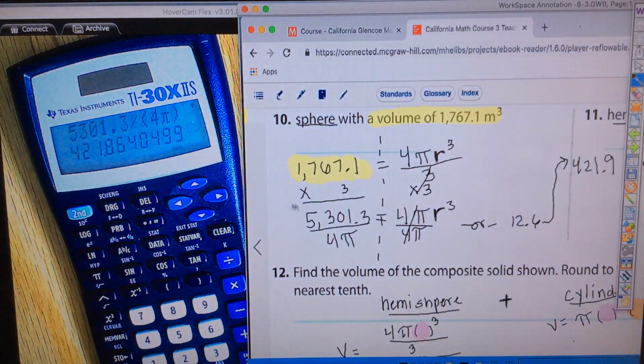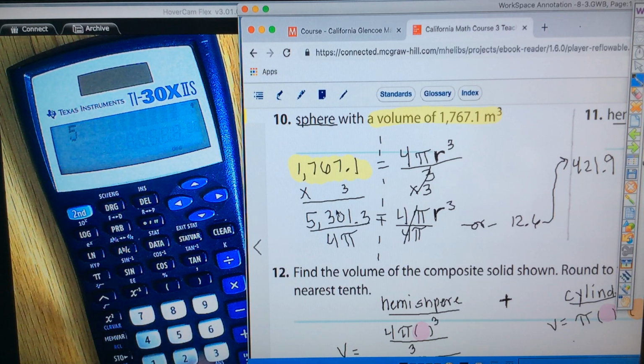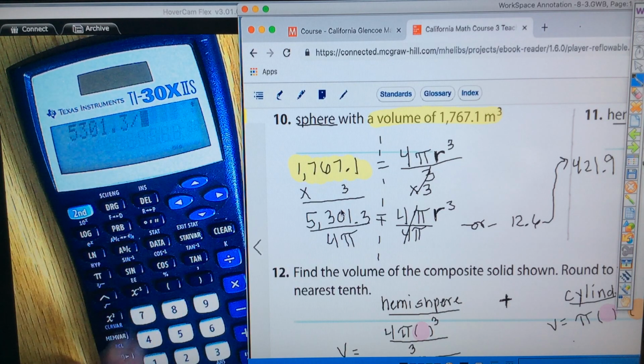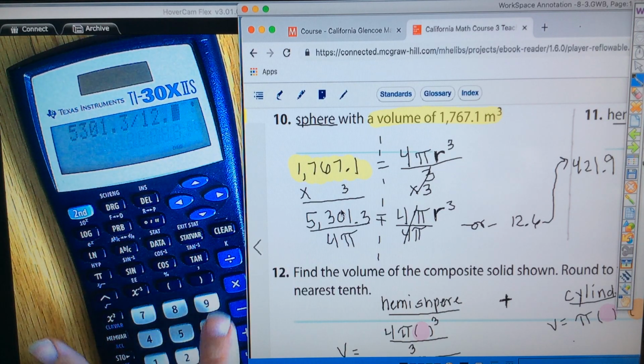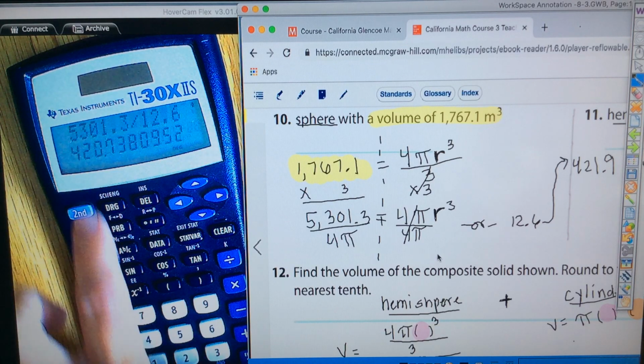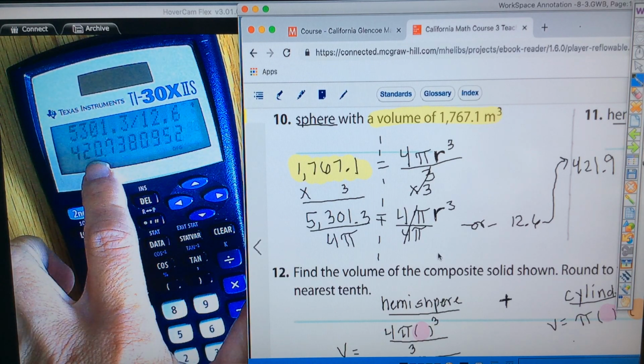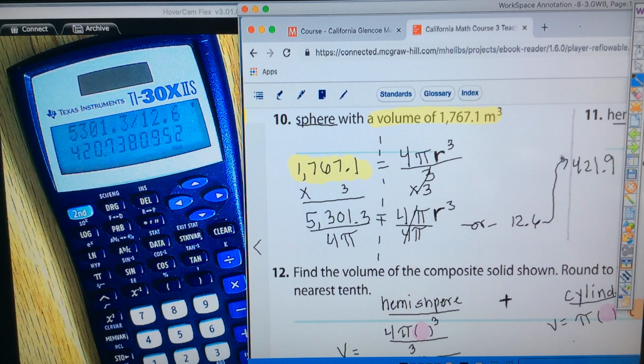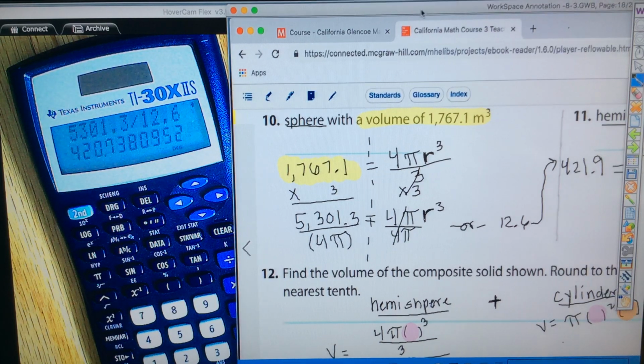So again, one more time, I'm going to divide 5,301 by 12.6. 420.7, that's pretty close. That's close enough. So either one of those will work. Just remember, if you're going this route, you have to put this in parentheses. Otherwise, the calculator isn't going to follow PEMDAS.